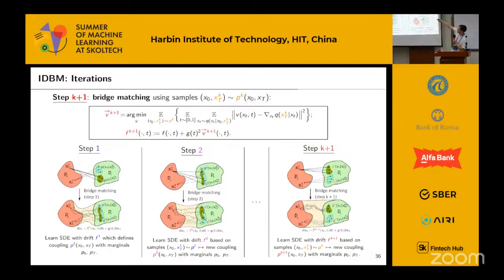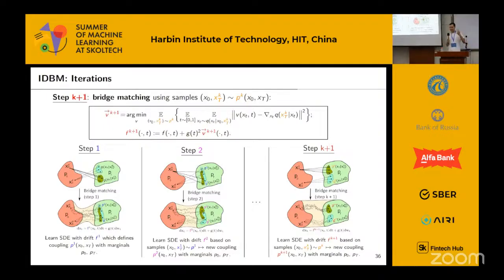We just optimize this loss and train a new bridge matching model. That's it. And then we repeat this procedure until convergence. Why do I say until convergence? Why does some convergence actually happen? Where does this model converge? Can we say something about the result of convergence?